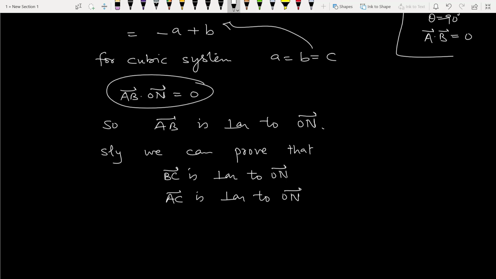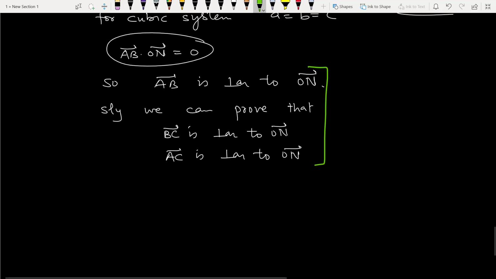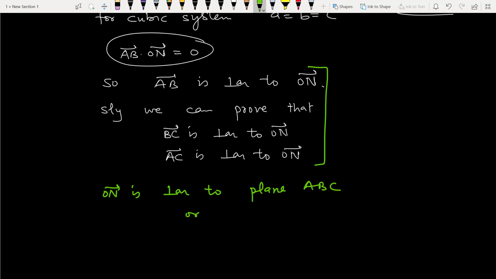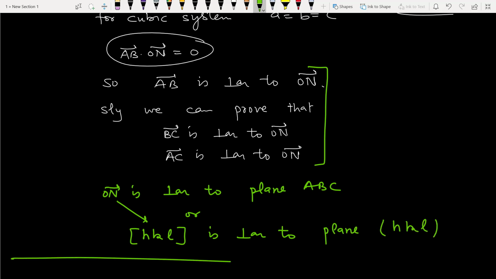So the conclusion of all these things in a single line is that the ON vector is perpendicular to plane ABC, or we can say direction HKL, which represents the ON vector, is perpendicular to plane HKL. So this is a very important article.